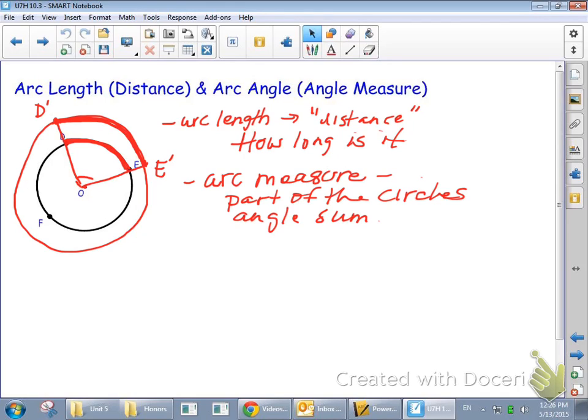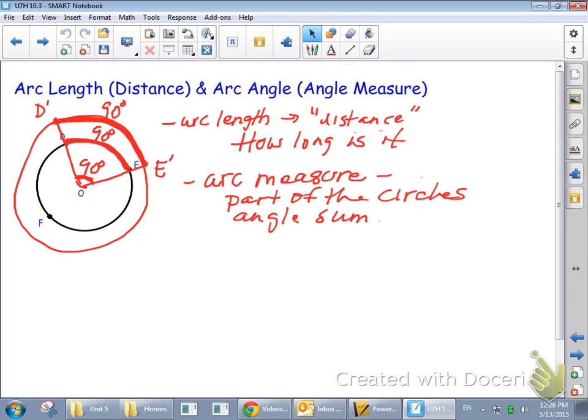So if I'm looking at this example here again, and this is my central angle here, DOE, then this arc measure of DE is going to be congruent to the arc measure of D prime E prime. So let's just say that this is 90. Then this arc measure here would be 90, and this would be 90 here. So the arc measure is going to be congruent there. Again, we're going to focus on the arc angle measure right now.